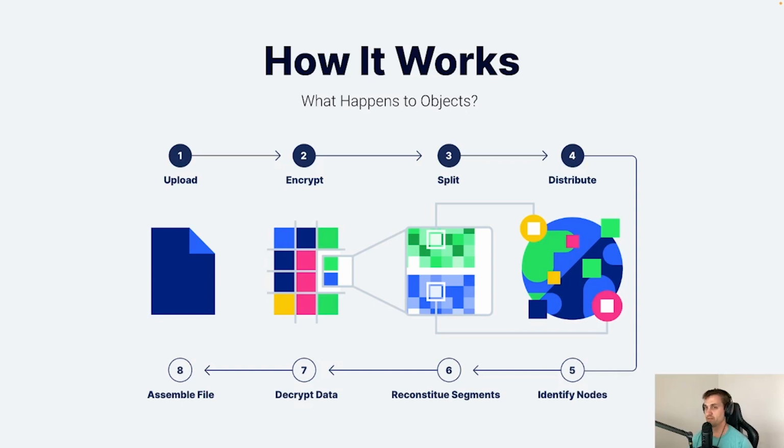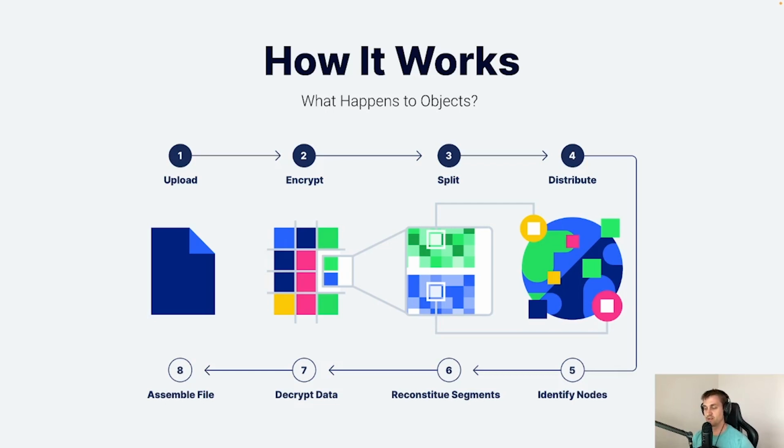So what happens to a file when it's uploaded? First it's encrypted, and then it's broken into a bunch of little pieces, like 80. Those 80 pieces are distributed around the globe to independent storage node operators. On its way back, those nodes are identified.